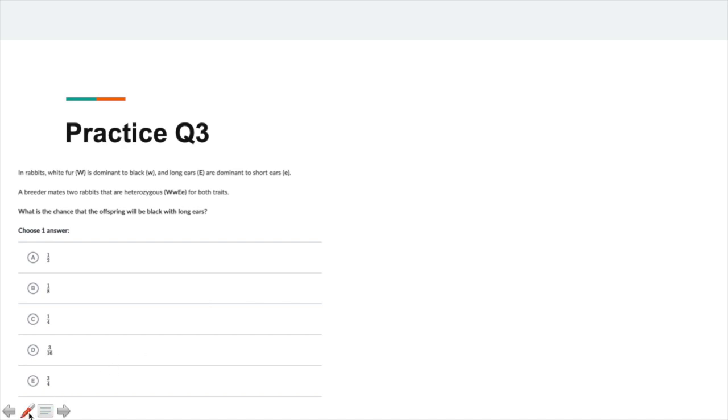Alright, so now this one's going to be a little bit more complicated because, as you can see, we're looking at 2 different traits here. So let's just make sure we keep track of everything, and we should be alright. So we'll do the same thing as usual. So in rabbits, white fur, capital W is white, is dominant to black. So then little w is black.